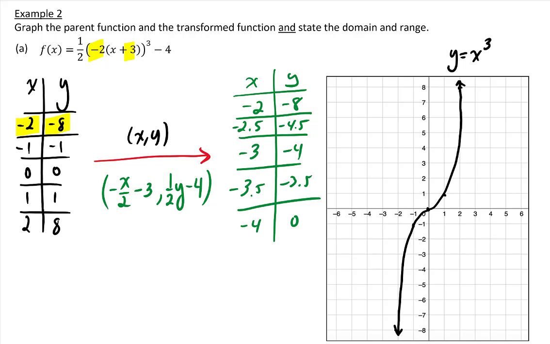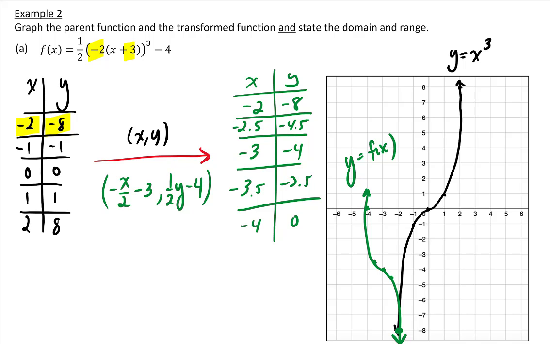So here are all the transform points. The next step is to plot all these points. And here's our graph, y equals f of x. All the transform points.